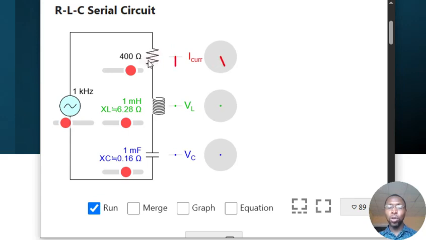So today we are considering the combination of the three components in an AC circuit. Firstly, the same current flows through, but the voltage across each of the components is different.